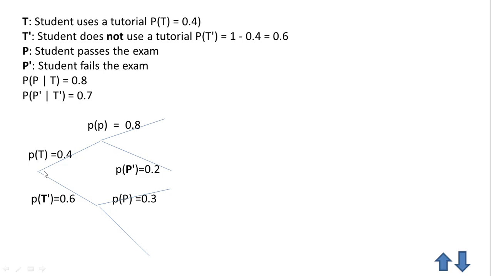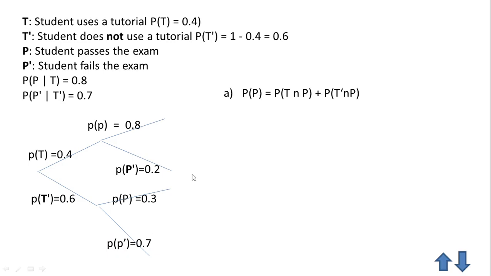Now, probability of not using a tutorial, T prime, we found as 0.6. The total probability here should be 1, so we get 1 minus 0.4, getting 0.6. Passing when he has not used the tutorial is 0.3, and not passing is 0.7.